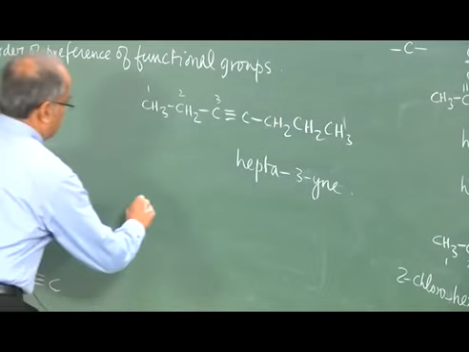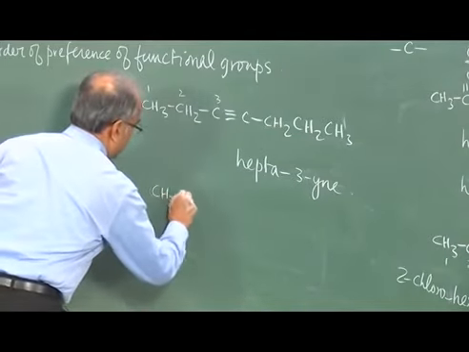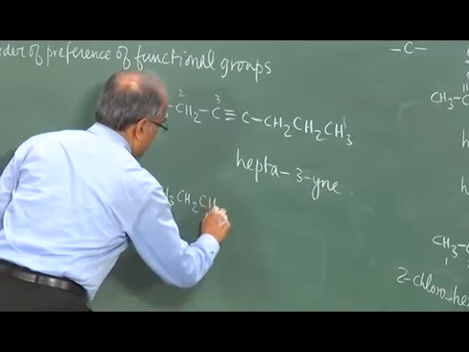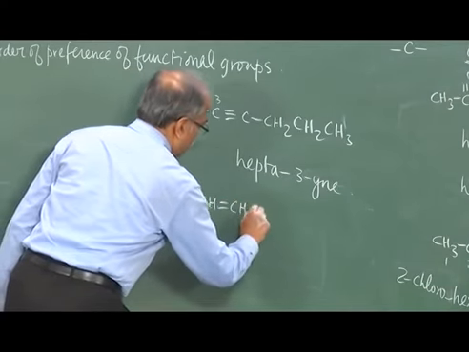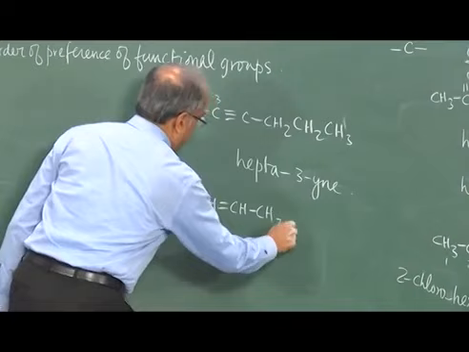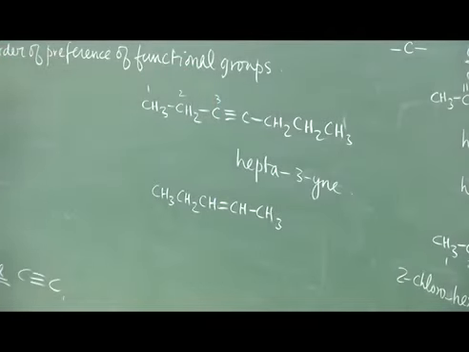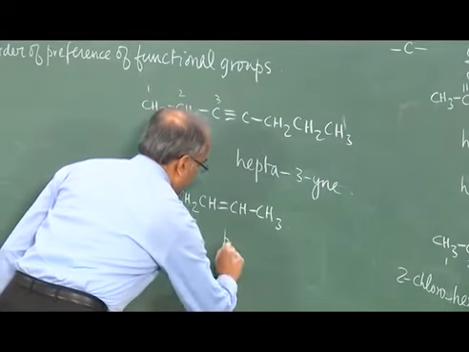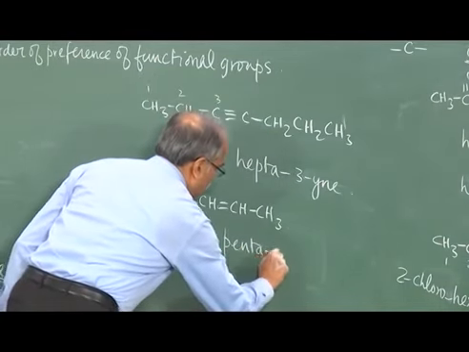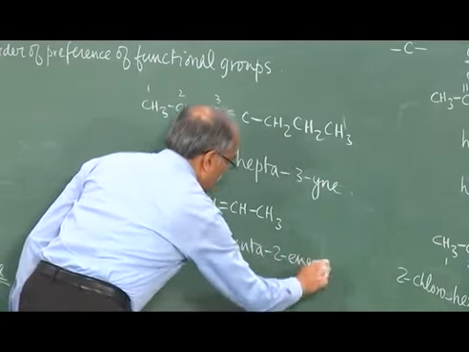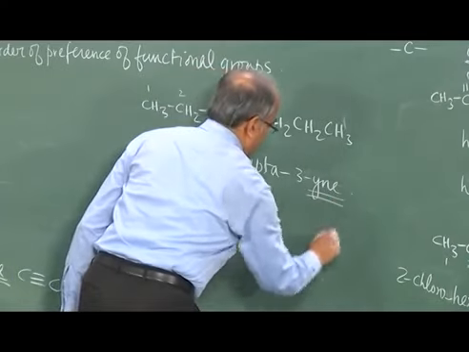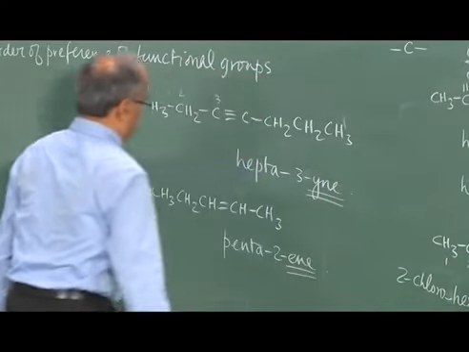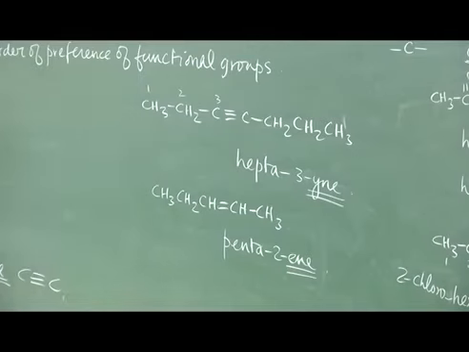If it is an olefinic compound, this is a pent-2-ene. So, the -ene and -yne are the suffixes for the alkene and the alkyne type of compound.